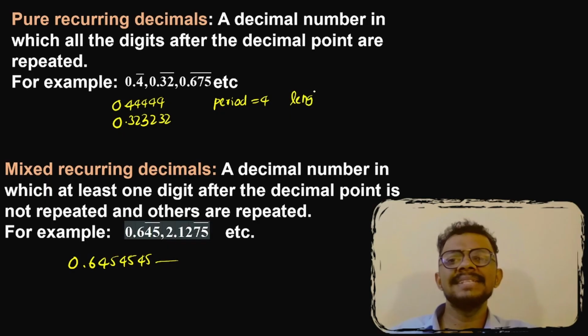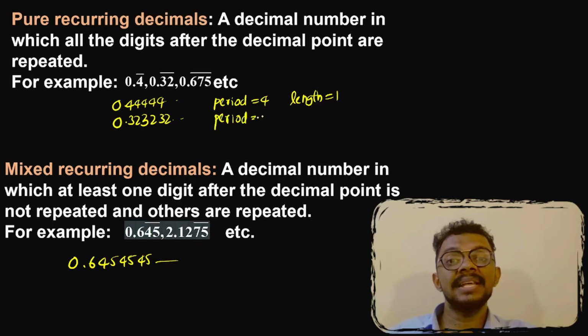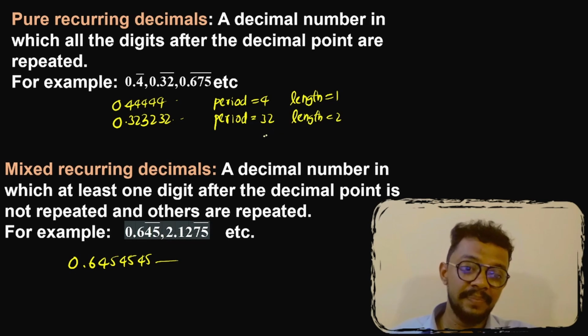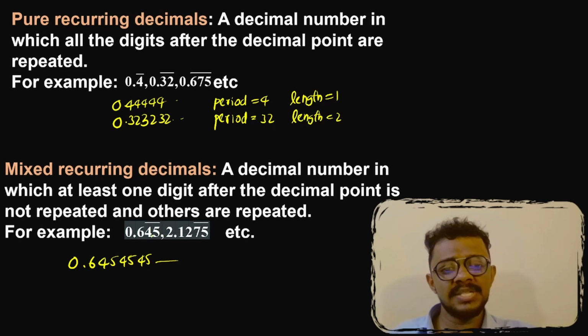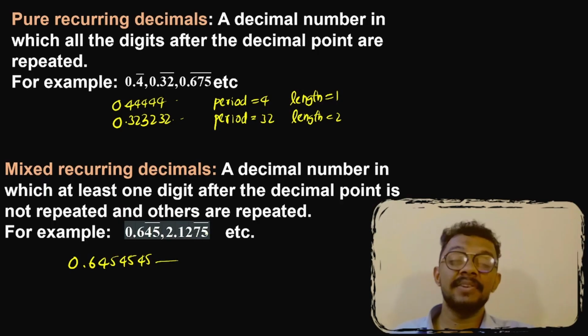Only one digit is repeating. In 0.323232 etc., that is 0.32 bar, the period is 32 and the length of the period is 2. Two digits are repeating. What about here? In 0.645 bar, 45 is repeating, right? So the period is 45 and the length of period is 2. Here the period is 75, and the length of period is 2 again.